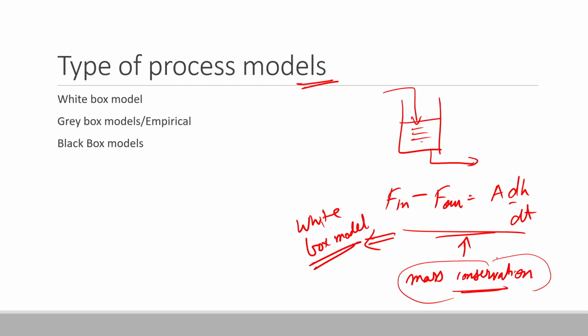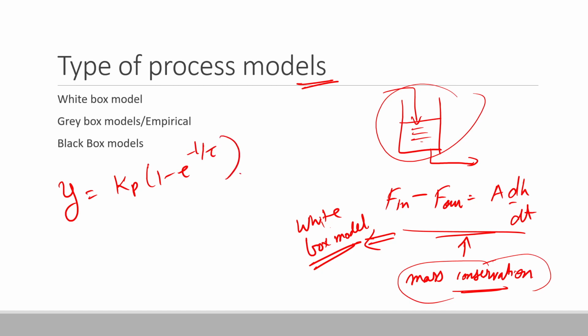Now let's say I don't have this mass conservation equation, then how can we model this system? I can perform a few experiments and get an empirical model, that is y is some function of, let's say, Kp (1 minus e raised to minus t upon tau). This is an empirical model and these parameters are Kp and tau.